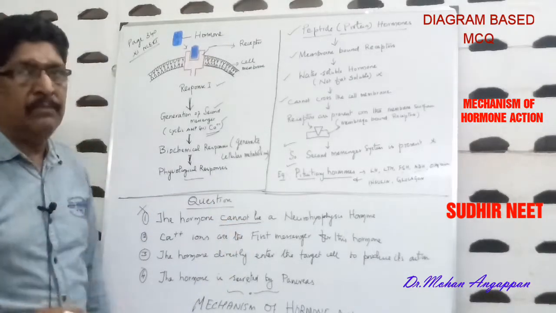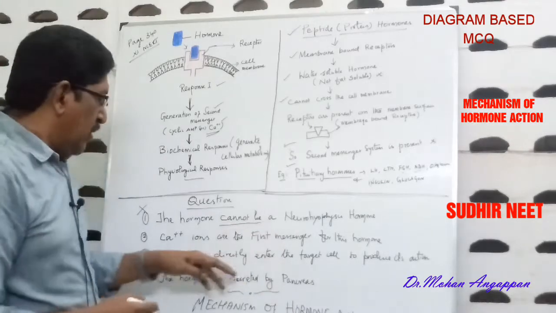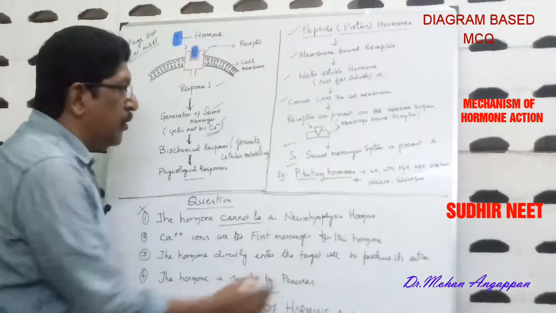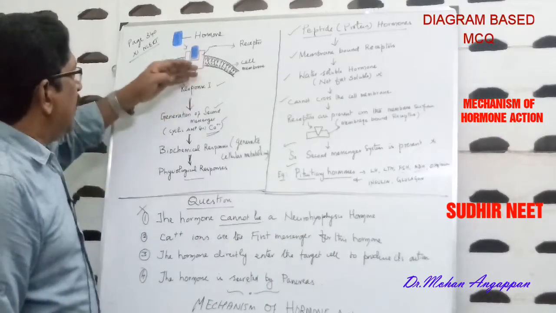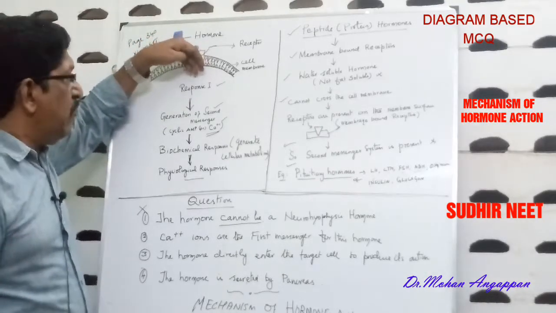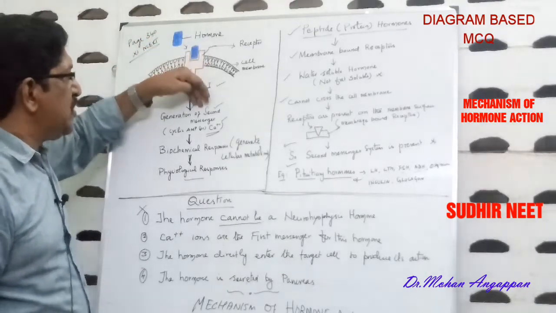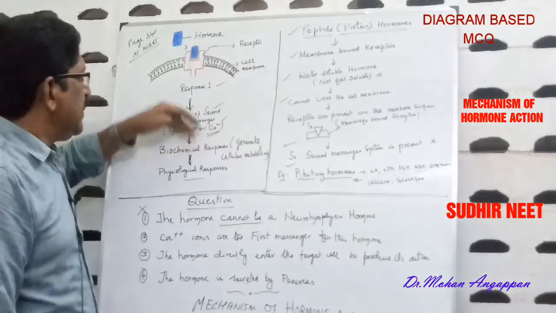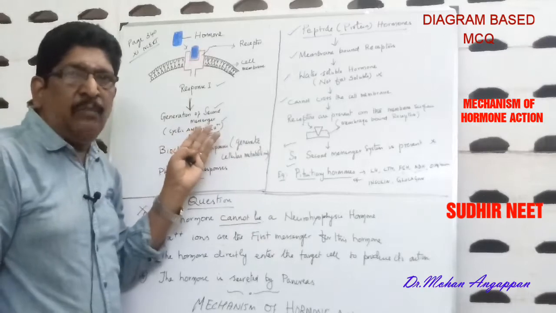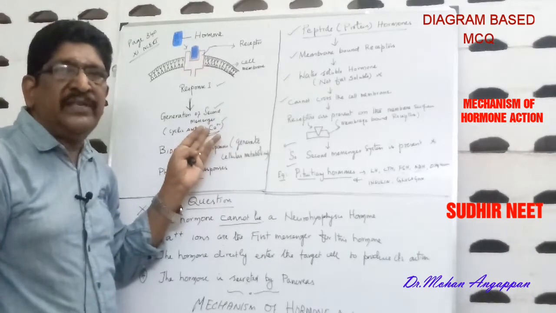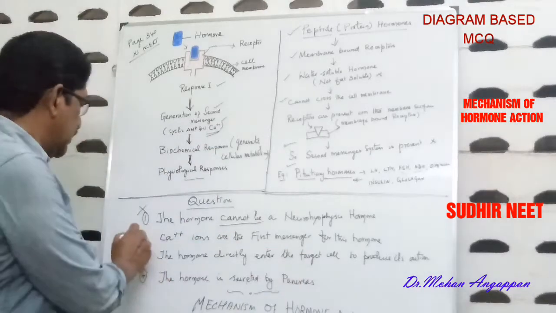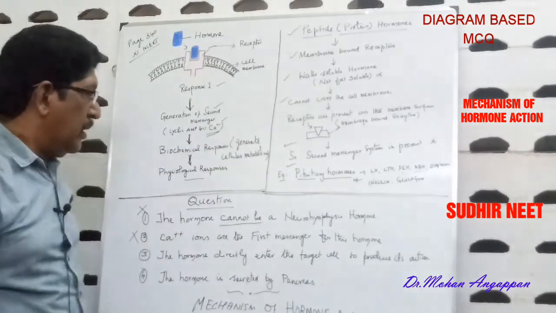Cannot be is wrong. Second option: calcium ions are the first messenger for the hormone. You can see here, after forming the hormone receptor complex on the membrane, it forms the first response, and the first response induces the generation of the second messenger. For example, calcium. So calcium is the second messenger and not the first messenger. So it is also wrong.